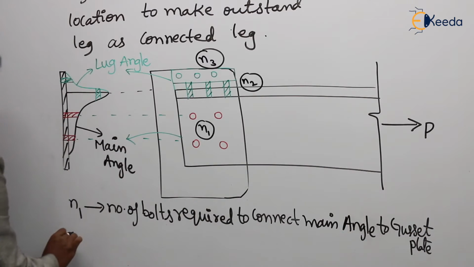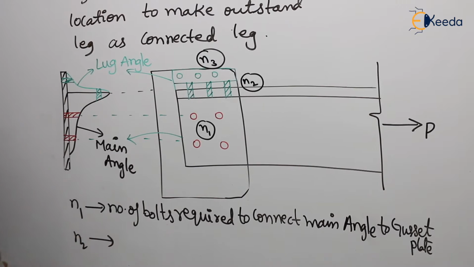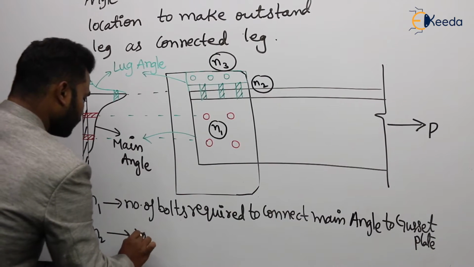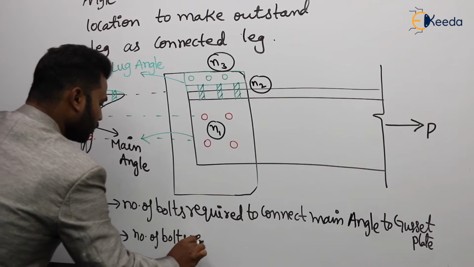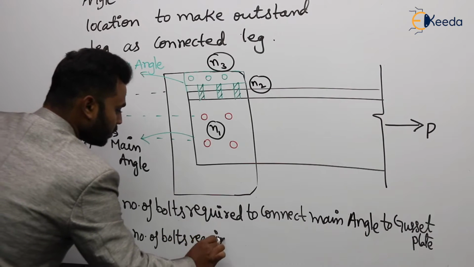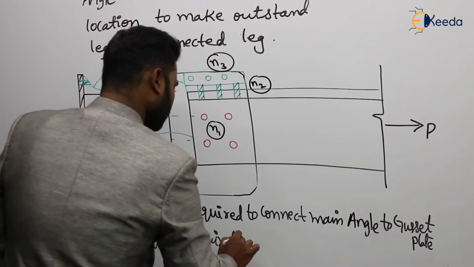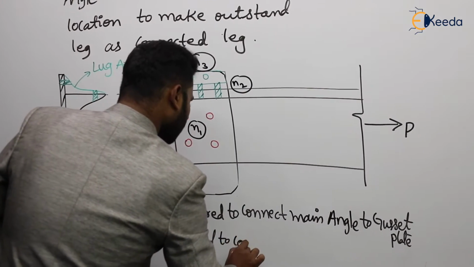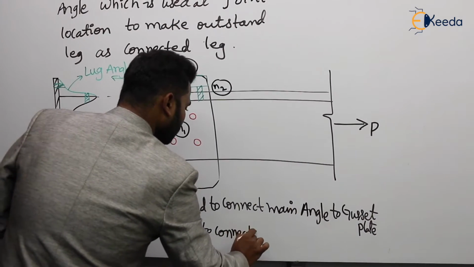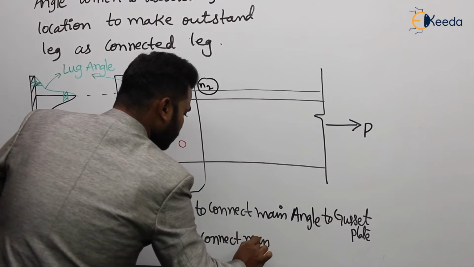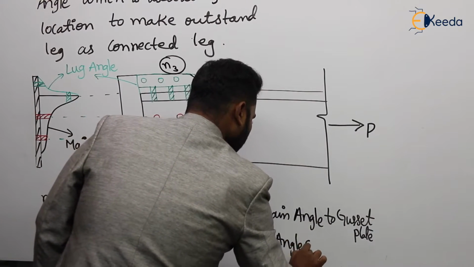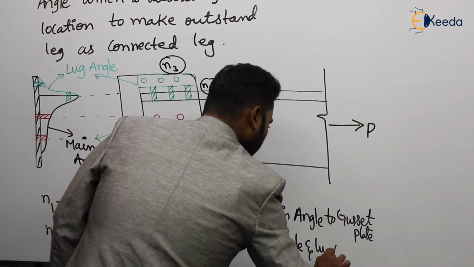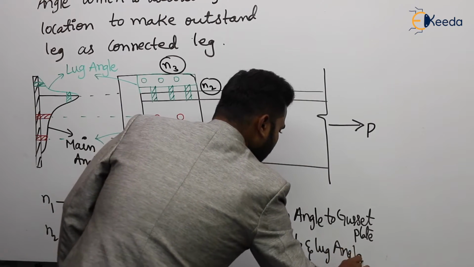Next, N2. So what is N2? Number of bolts required to connect main angle and lug angle.